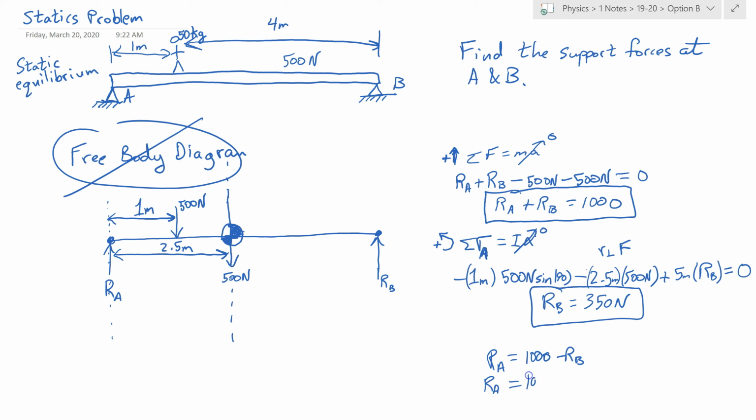If you didn't already know that, another strategy that's fast is that you could redo this torque calculation, but choose point B as your axis of rotation. Then this force is the one that would not show up, and RA is the force that would show up, and you would be able to find it.